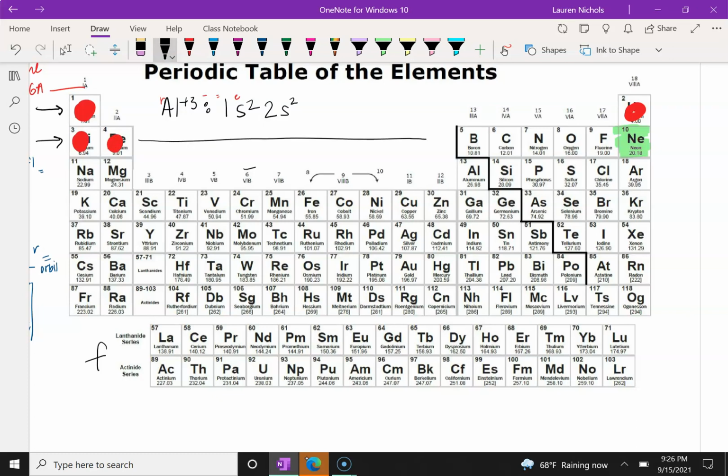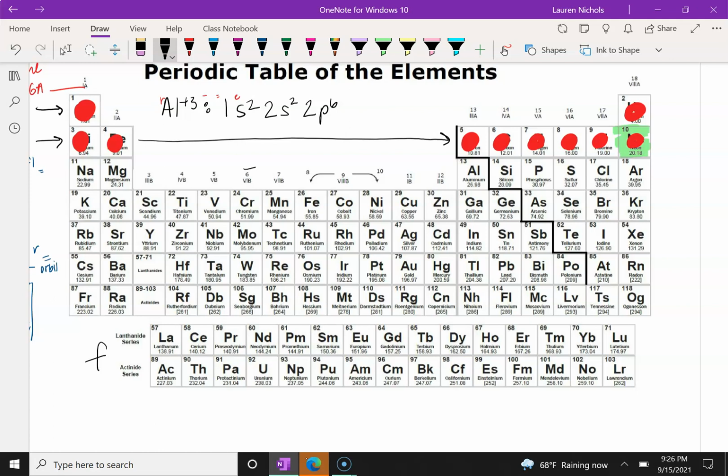And then I keep going across row 2, and there's enough space for 1, 2, 3, 4, 5, 6 electrons. So it's going to be 2p6, and I stop there because I've put an electron in my final box.